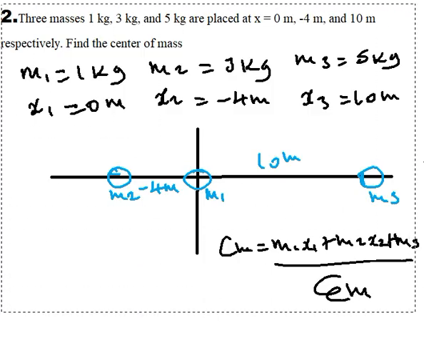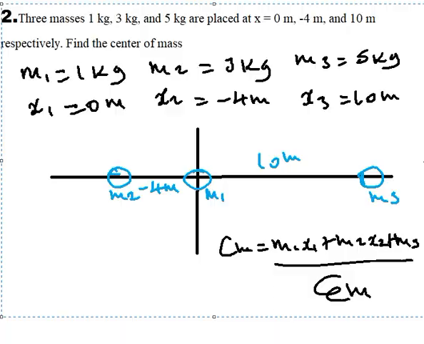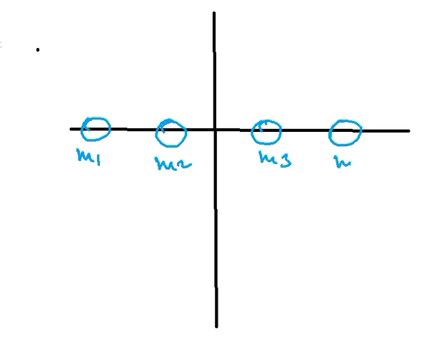Let's say if we have this kind of a system. Let's say we have a Cartesian plane. Let's say this is an object of mass 1, this is an object of mass 2, this is the object of mass 3, and this is the object of mass 4.